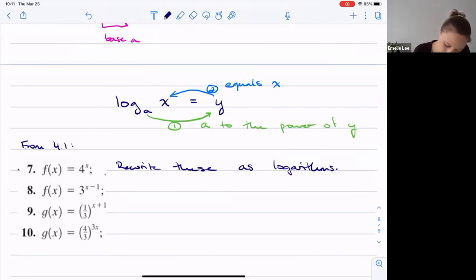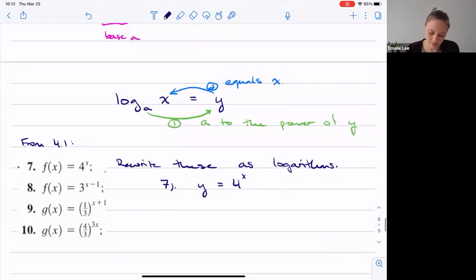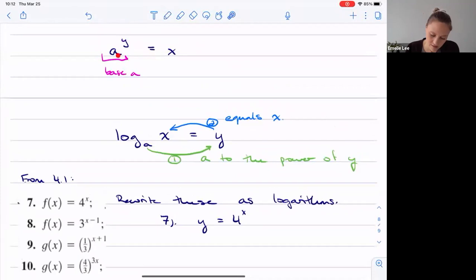Okay, so let's see here. Number 7 is y equals 4 to the power of x. The base, I think we can all agree that the base is 4. So that's a good start, right?